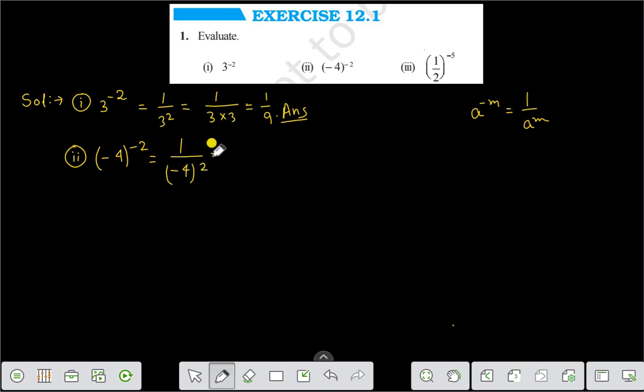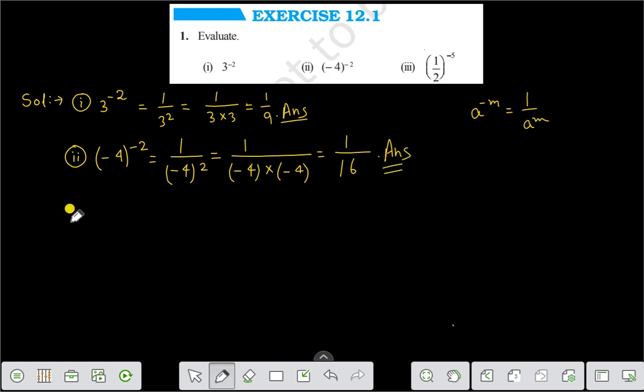Or you can write it here as 1 by minus 4 into minus 4. Therefore, minus into minus is plus, and 4 fours are 16. This 1 by 16 is the answer of question number 2.